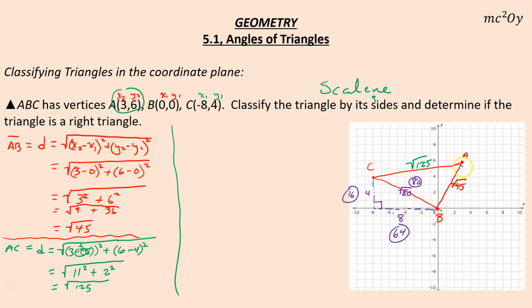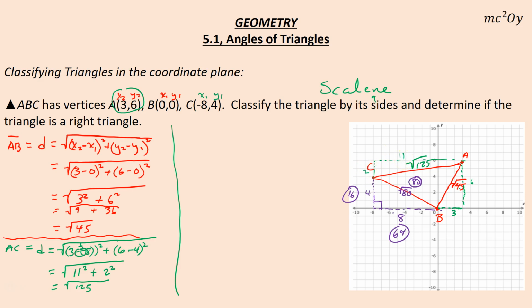So notice if I draw in the slope right here, my rise and run, I run 3 here, and I rise 6. And my rise and run here looks like I rise 2 and run 11.